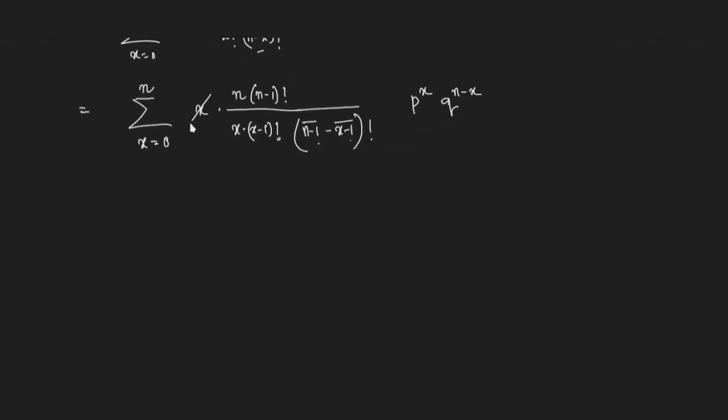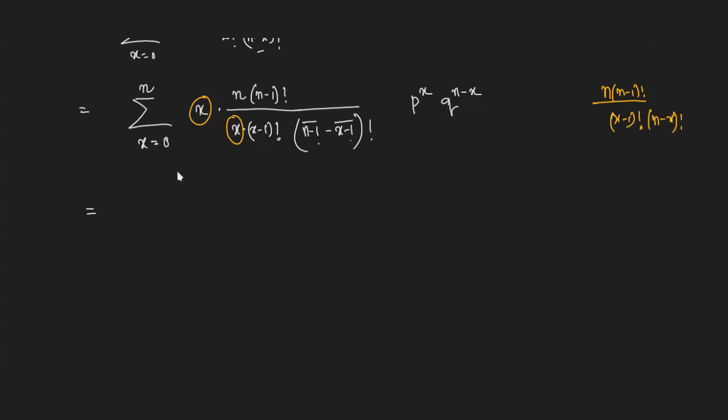Now x will cancel out, but at the same time we also have to make some adjustment. If we cancel that term, you will be left with n times n minus 1 factorial over x minus 1 factorial times n minus x factorial.